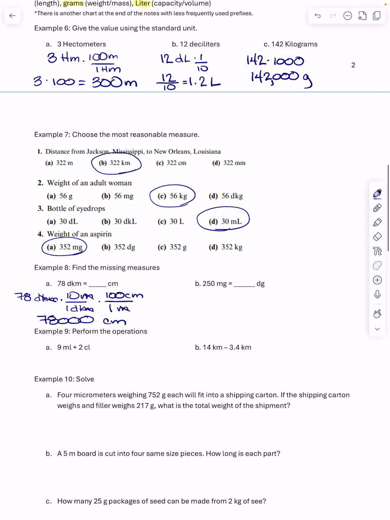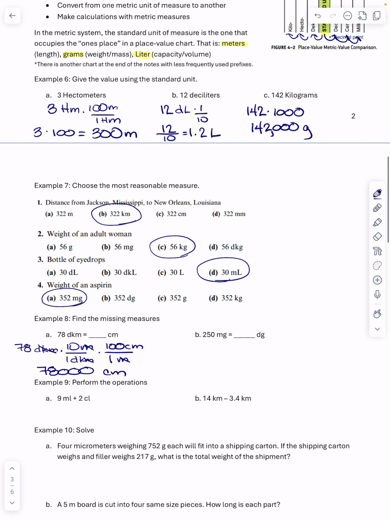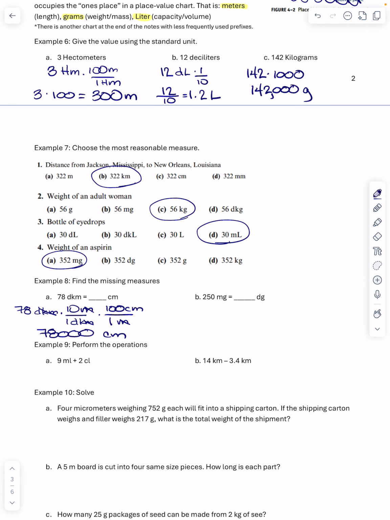If I want to convert from milligrams to decigrams, again, sometimes it's helpful to go to the standard unit and then convert.